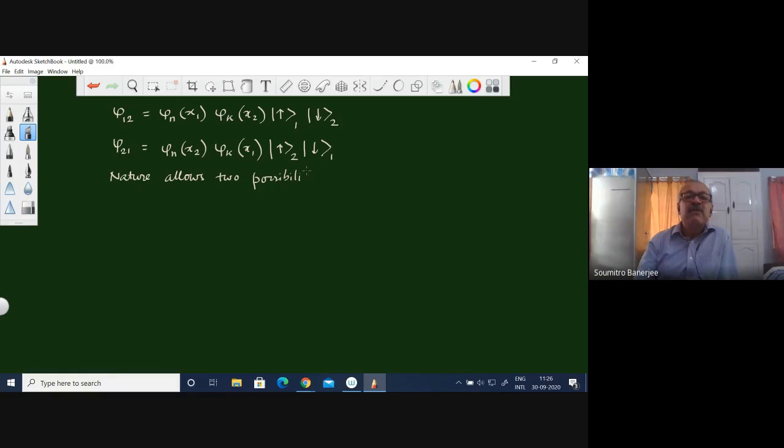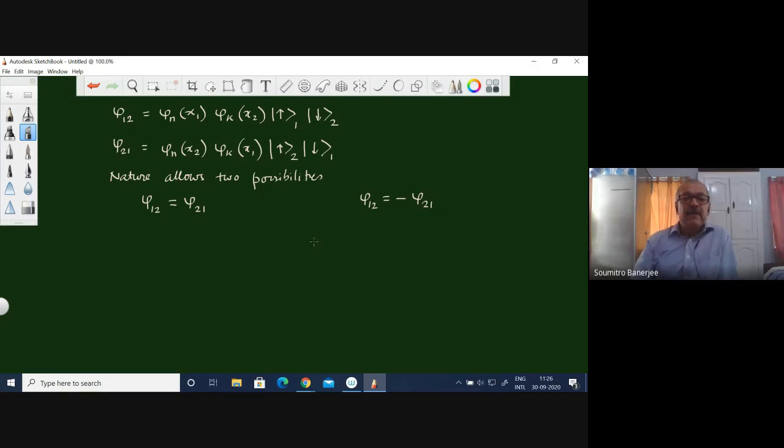Whatever I need you to remember, nature allows only two possibilities. One is psi 1, 2 is equal to psi 2, 1. The other is psi 1, 2 is equal to minus psi 2, 1. In both cases, the result is the same, because ultimately what matters is mod psi square, and therefore both of these give the same results.